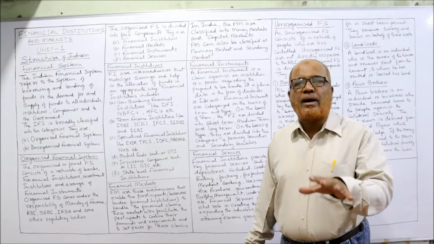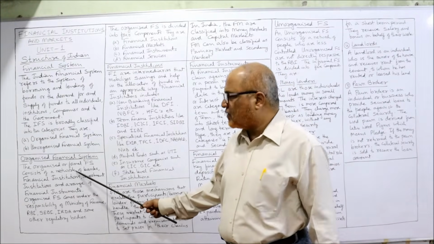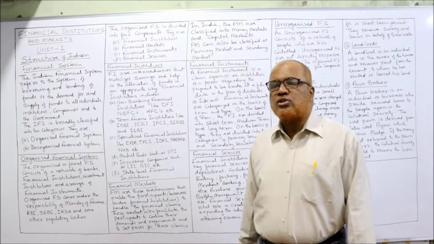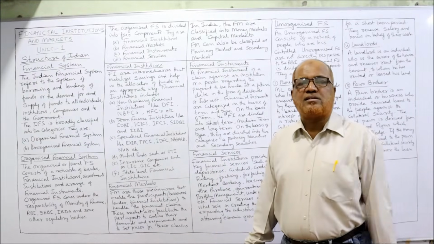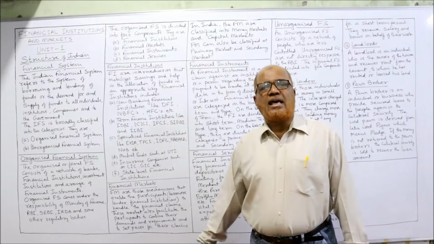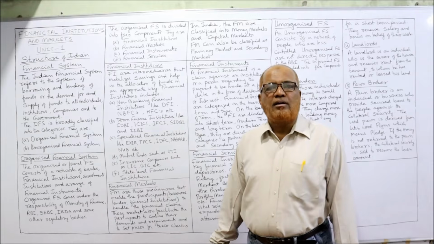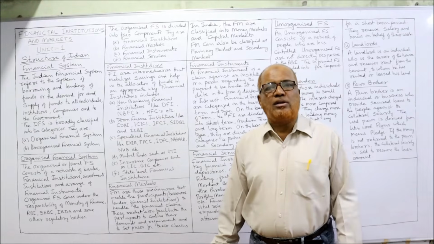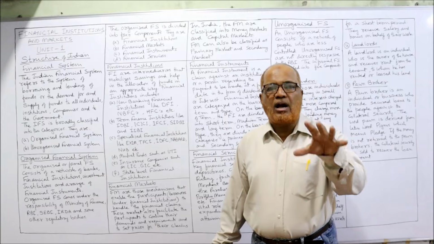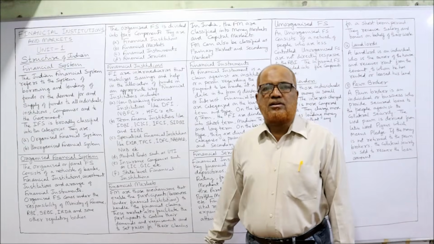All these are the participants in this organized financial system. So the organized financial system comes under the responsibility of the Ministry of Finance, RBI, Reserve Bank of India, Securities and Exchange Board of India, SEBI, and other regulatory bodies. All these regulatory bodies will control and govern the organized sector.